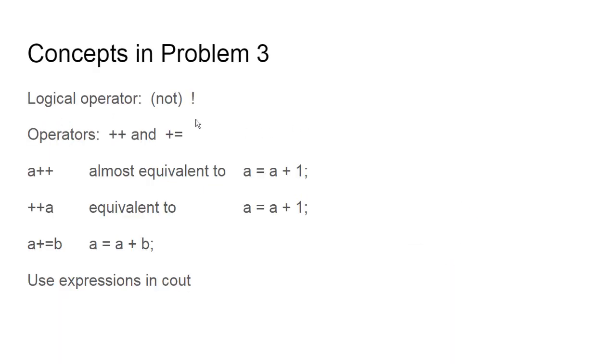The concepts that we introduced in the solution code for this problem include the logical operator not, which is the first time we see it actually used, and then we have plus plus and plus equal. A plus equal B means A equals A plus B. Plus plus can be used either before or after a variable.